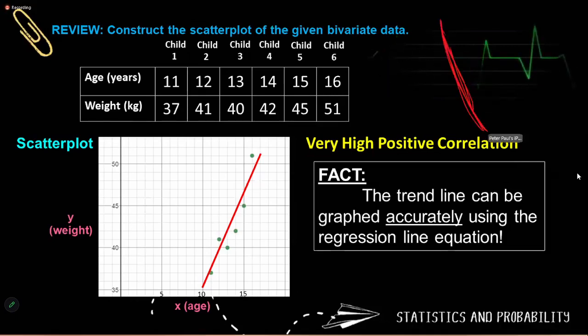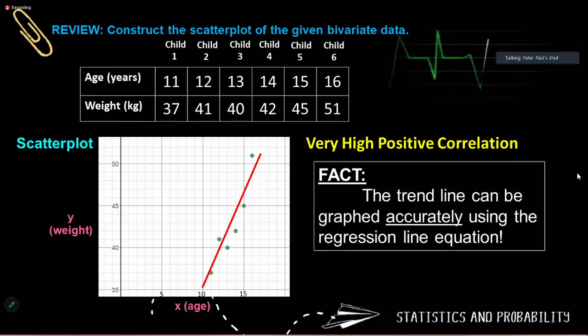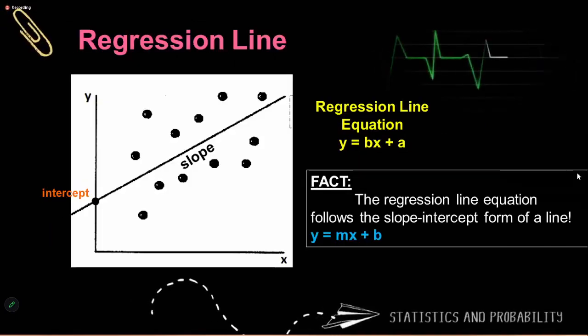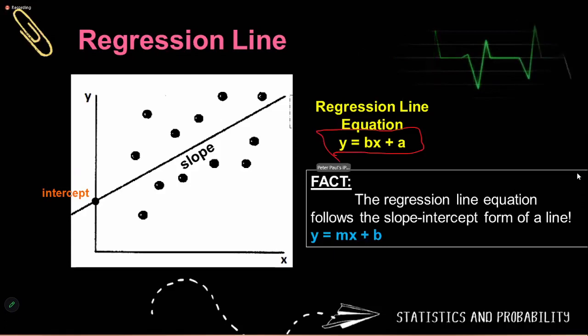So if we want to accurately draw the trend line, we can also use this formula to compute the regression line. So, this is our formula for the regression line. Y is equal to bx plus a. It is similar to the slope of the line, no?